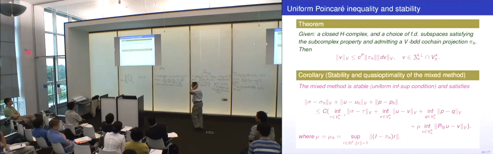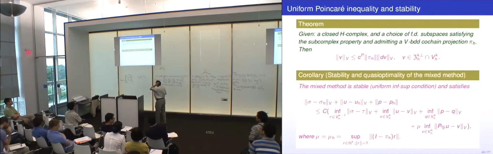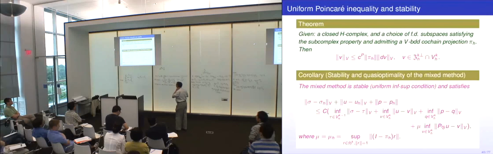Okay, what else can we get if we have a subcomplex with bounded cochain projections?